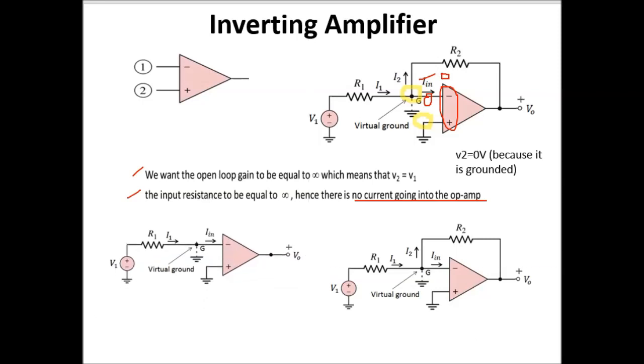And if I have a load here, and I have this input signal, the current I1 and I_in are the same because it's the same path. But because of this second characteristic, actually no current is supposed to go into your op-amp. So the current cannot flow and basically the circuit cannot be completed. The circuit is not complete, it's open. So this is still in open loop mode.